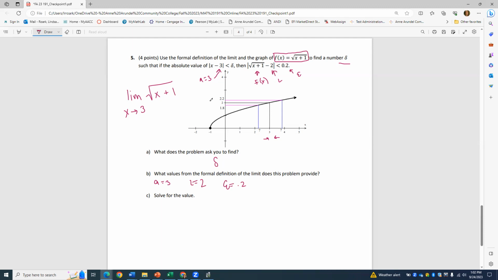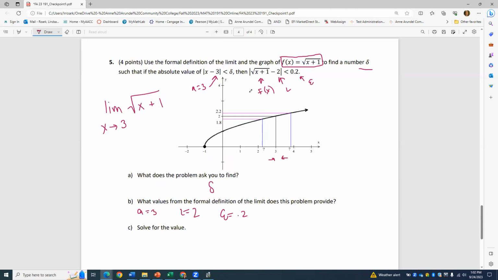So what they're really telling us, we can label these a few different things, but they're telling us everything. We don't have to find the limit. So they're just saying the limit is 2, that's what this L means. They're saying the limit's 2 and epsilon's 0.2. That means the values I'm trying to trap y in: if I take 2 and add 0.2, the distance from 2 up by 0.2 would be 2.2.